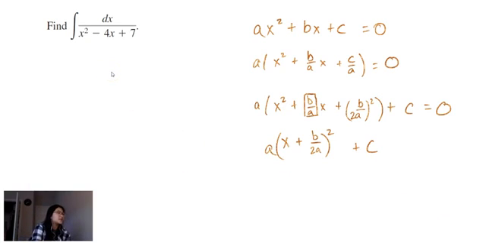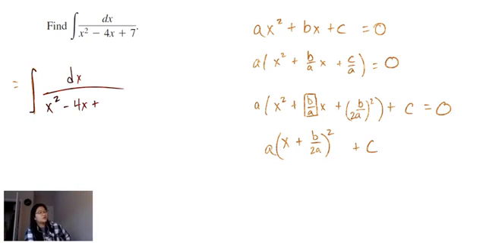We get, what, this equals integral. It's moderately difficult. Okay. We got dx over x squared minus 4x plus what is going to give us a perfect square trinomial?